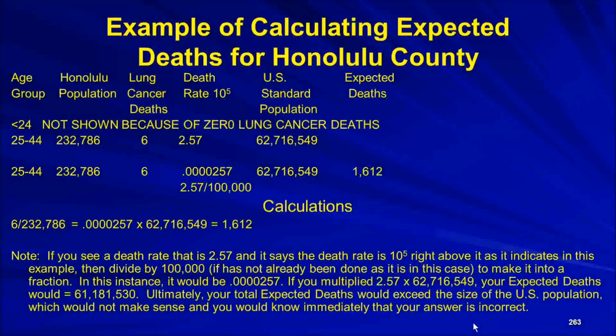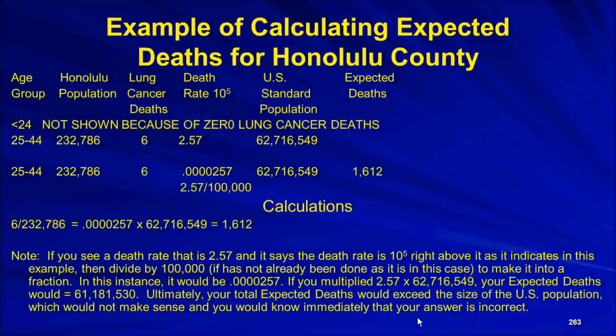But before I do, and I know that we will get back to it, I want to show you something that often is problematic for the beginner in calculating an SMR direct with this kind of data.